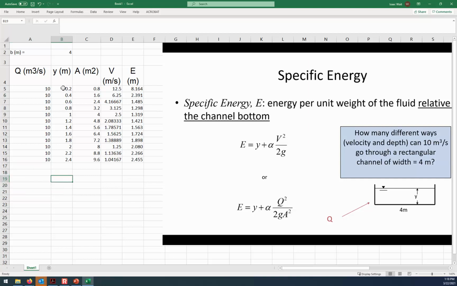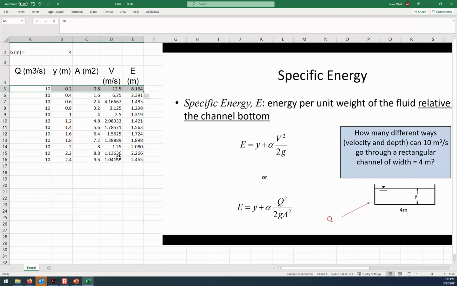You could have the water moving very fast. If we had a steep slope, if we sent 10 cubic meters per second down a really steep slope, the water would be moving fast and it would be shallow. So at one end of the scale, these first values are related to a very steep slope, like water not going off a cliff, but going down a steep chute.